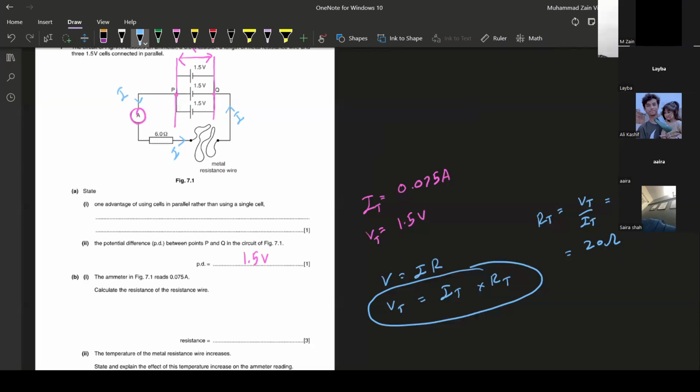I just used this formula, 1.5 divided by 0.075. Now what I know is the total resistance of the circuit. The total resistance throughout this region, I just found it out.